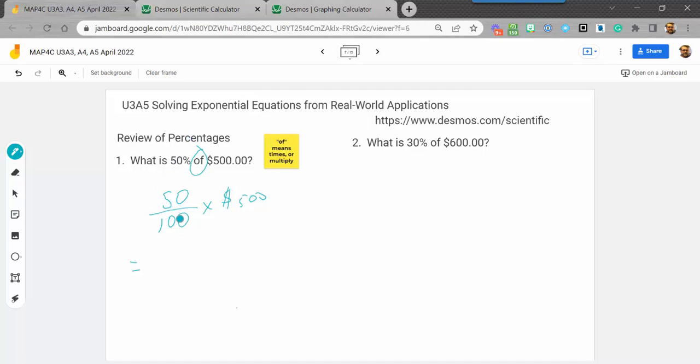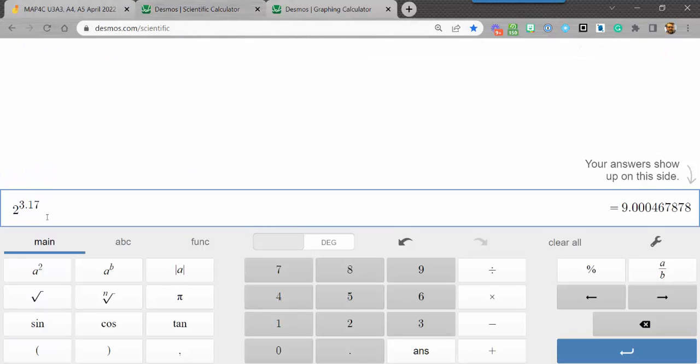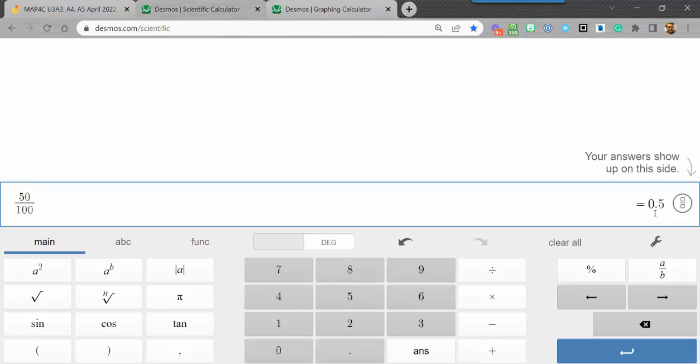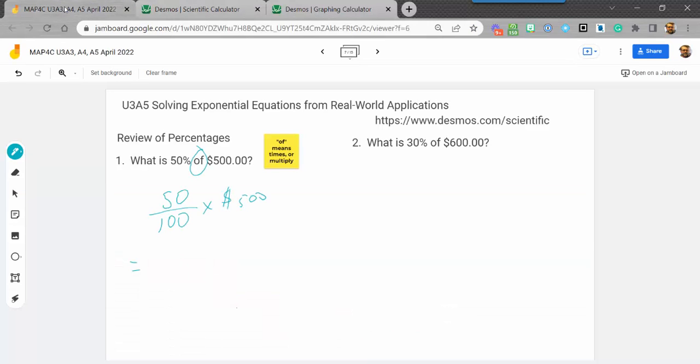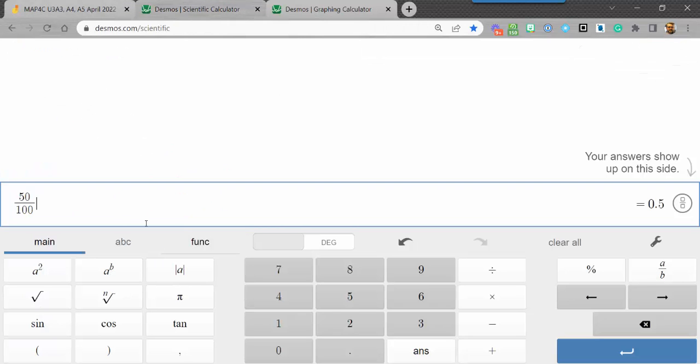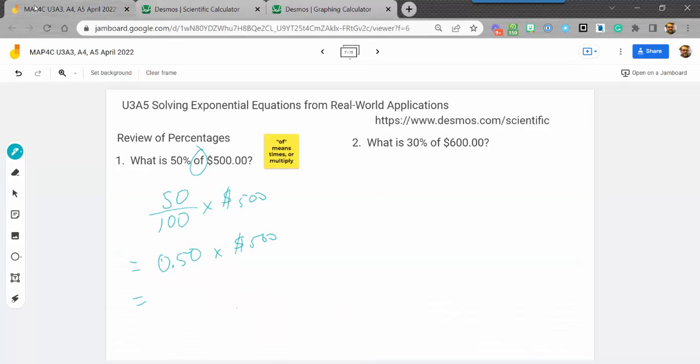They may write this as a decimal, so I'm going to show you that first. 50 divided by 100 is 0.5. So some people are going to write 0.5 or 0.50. There's your 50 out of 100 times 500 equals, so I'm going to do that, times 500 gives me 250, which makes sense. It's half of 500, right?